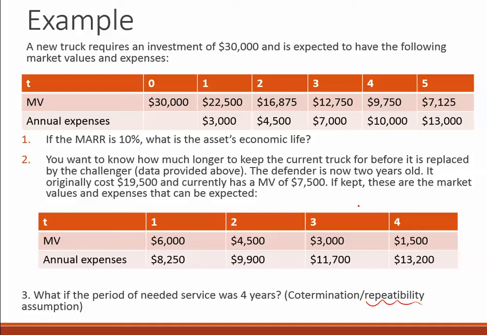Then we could just assume that we only look at 4 periods, but we can also compare, well, what if I keep my Defender 0 years, 1 year, 2 years, 3 years, 4 years, and supplement the information with the information from the Challenger. So let's do this.